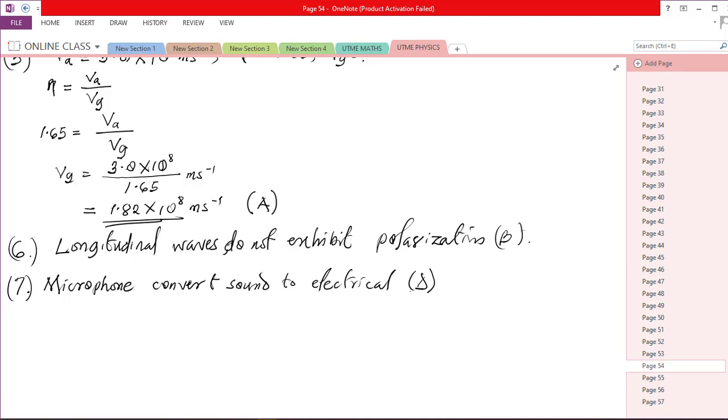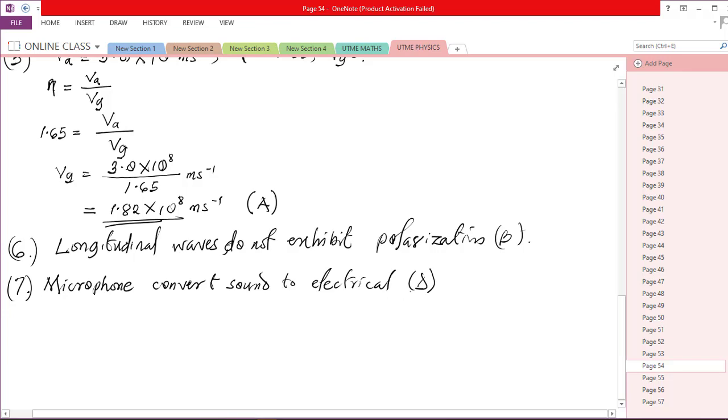So when you put the mic there, the wire of the mic there, you talk to the mic, and the mic is only converting your sound to electrical in the wire. So electrical signal is what you have there. So from the electrical signal, the loudspeaker will now convert it to sound. So loudspeaker converts from electrical to sound.